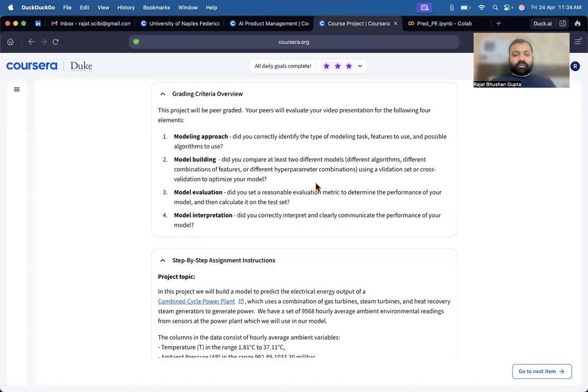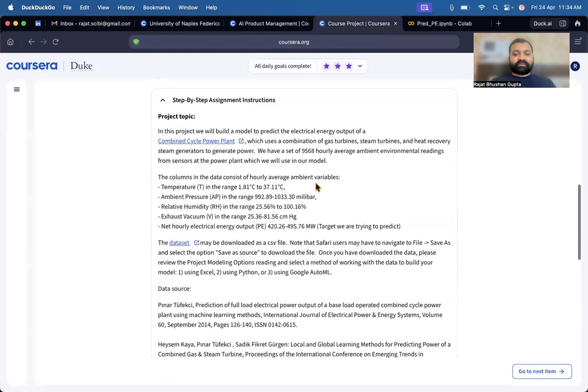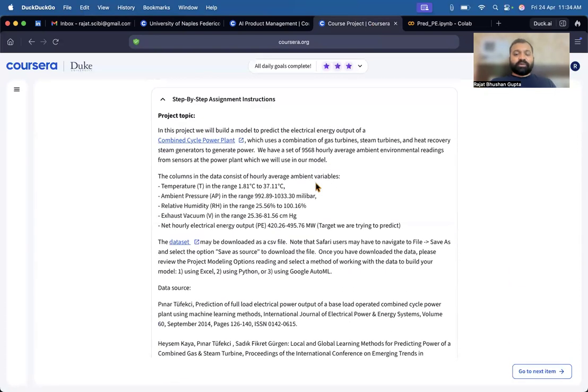With that, I would like to conclude that for the given data set, we were successfully able to identify the type of machine learning problem, which is a supervised regression problem, because we have historical data and we have to predict a number. Secondly, we compared five different algorithms.